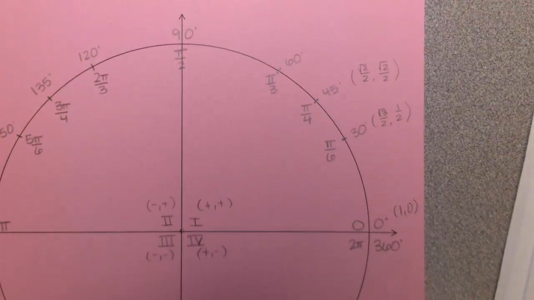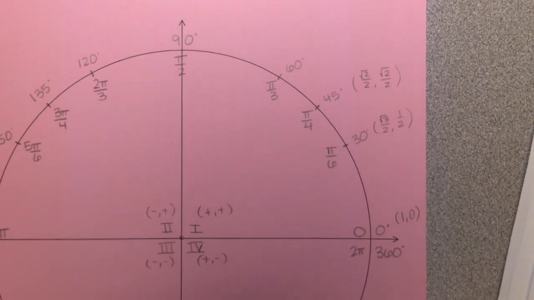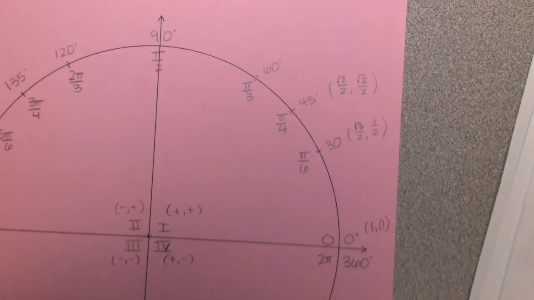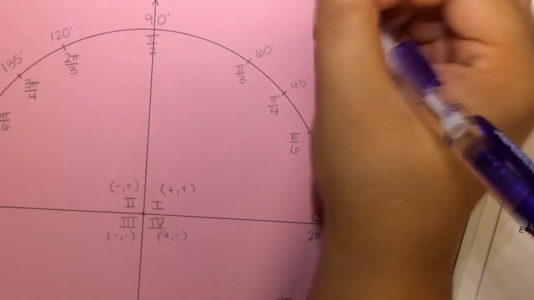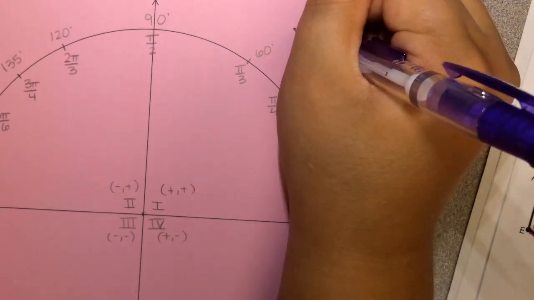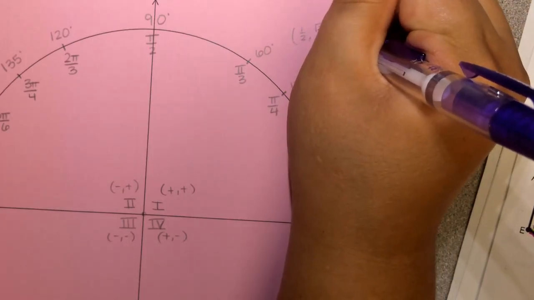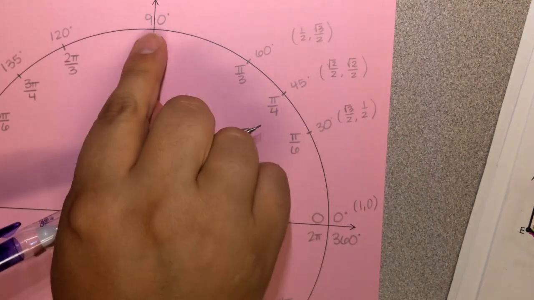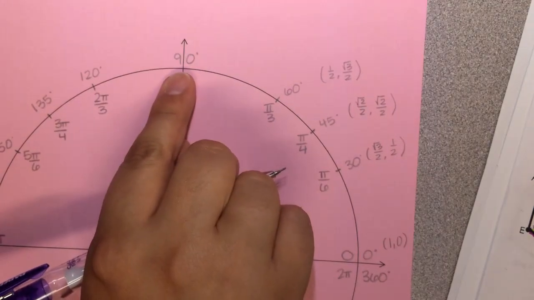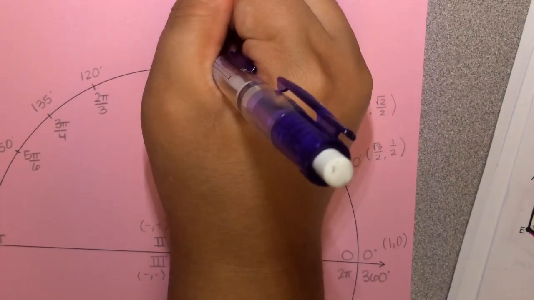Is it hard for y'all to see that? Does that help or no? I think one of the lights is out. 60 degrees is 1/2, square root of 3 over 2. And 90 degrees is 0, 1.